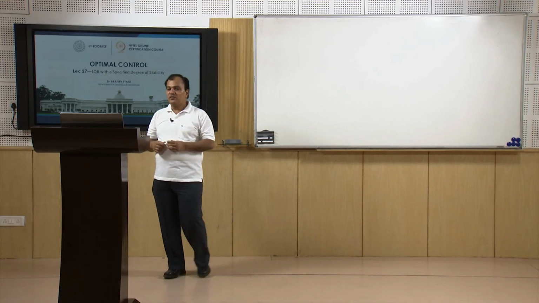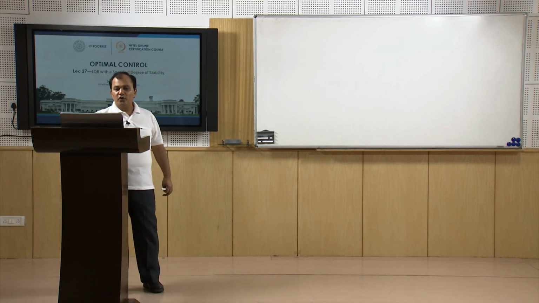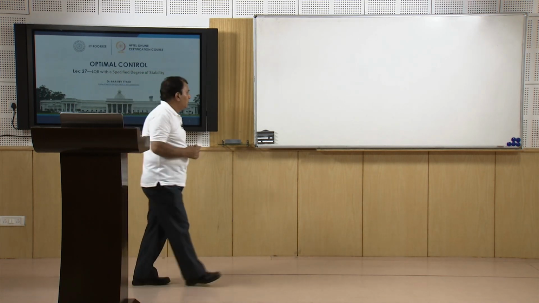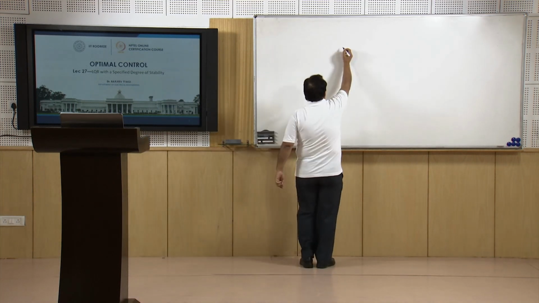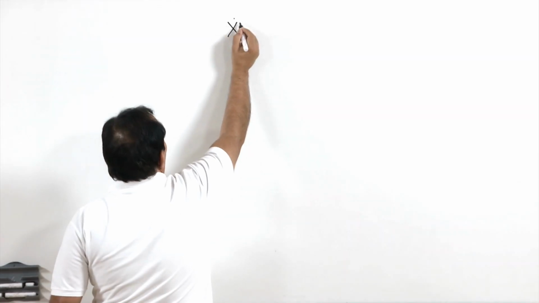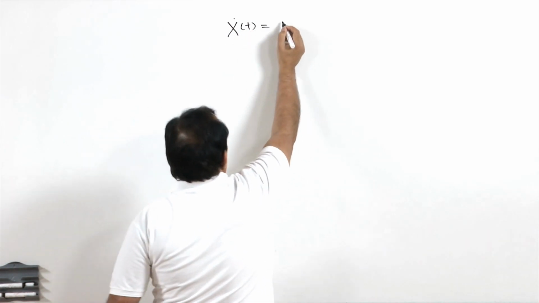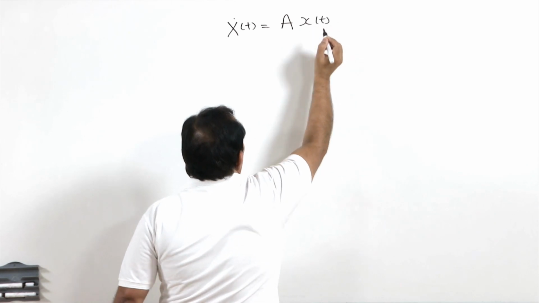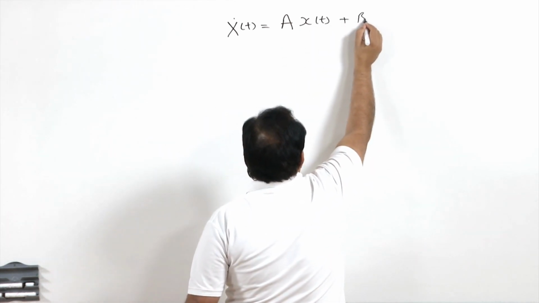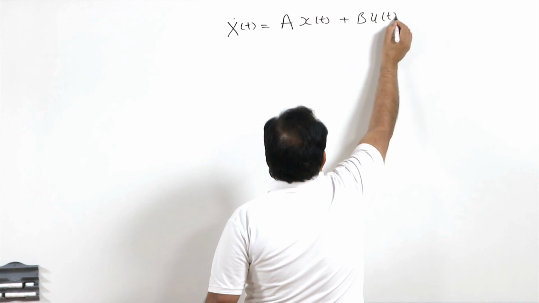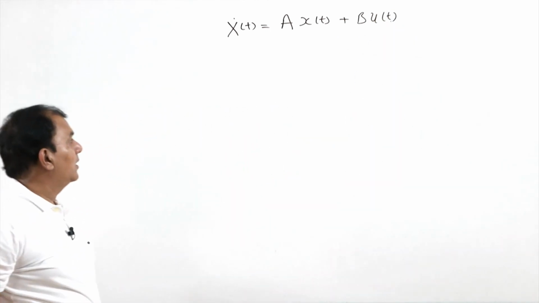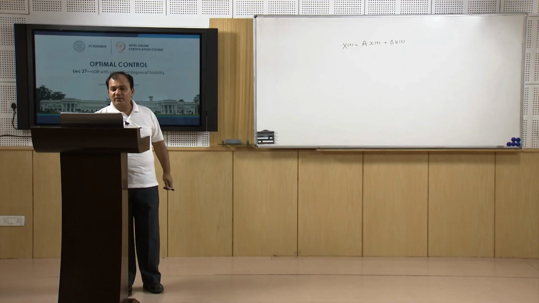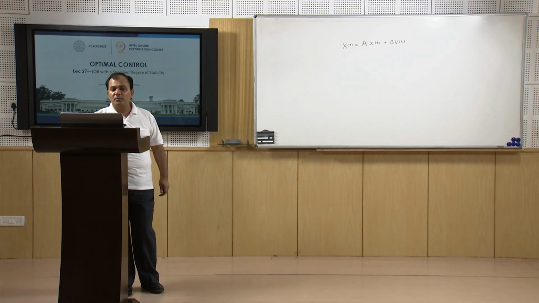So, we have considered the system x dot of t equal to Ax of t plus Bu of t, linear time invariant, with A and B constant. Now, this is not the exact form which we have solved before.